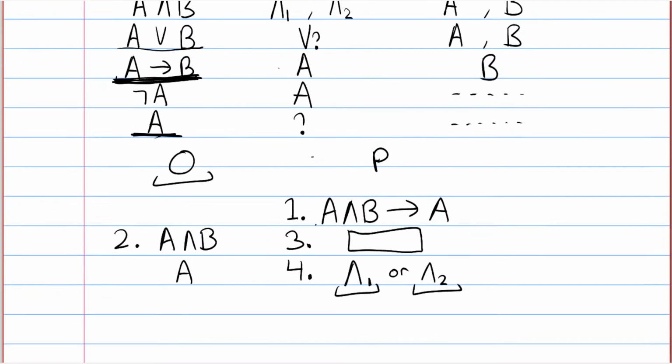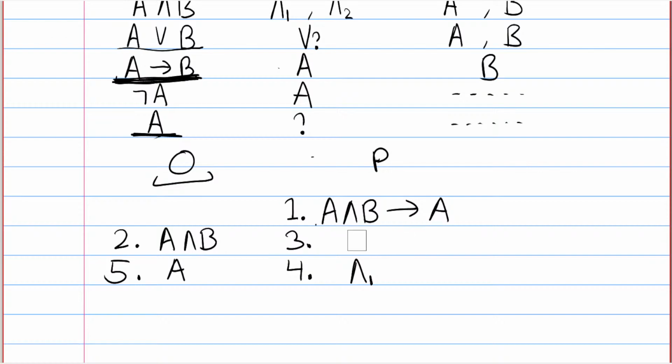So we want our attack to be this guy right here, because this attack forces O to defend, and the defense has to be this guy right here. So O defends, O says A, and now finally we fill in the placeholder. We now say A over here as well.